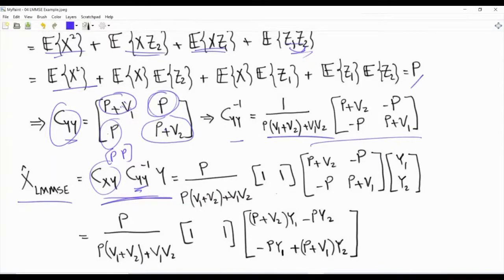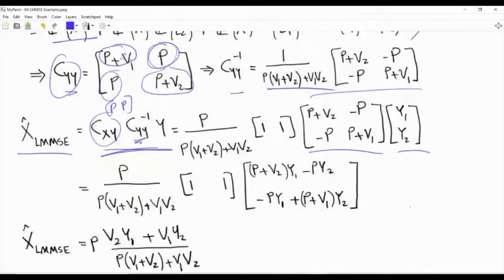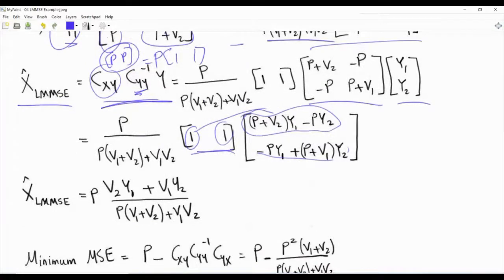You multiply this 2 by 2 matrix by this 2 by 1 vector, and then multiply by this 1 by 1 term. So the row vector p, p can be written by taking p as a common factor, and this is 1, 1. This row vector multiplied by this column vector is 1 multiplied by this thing plus 1 multiplied by this thing, and this is your result.